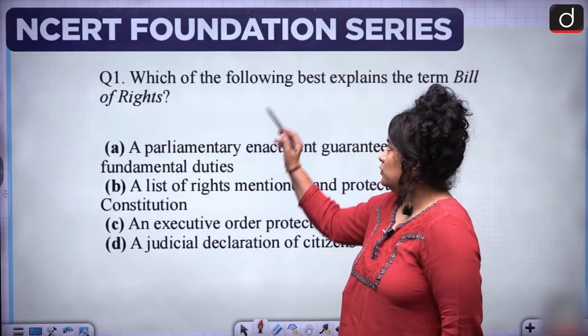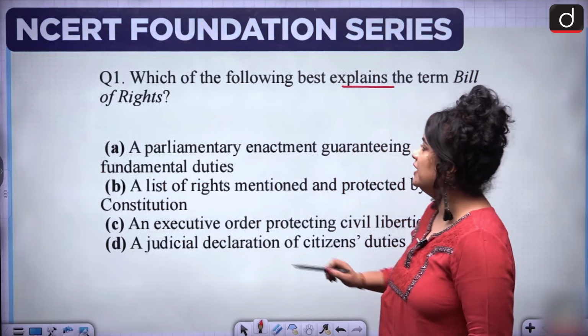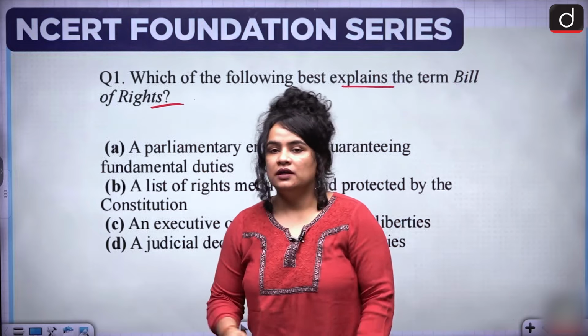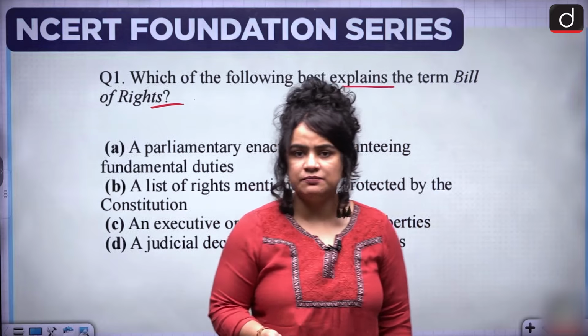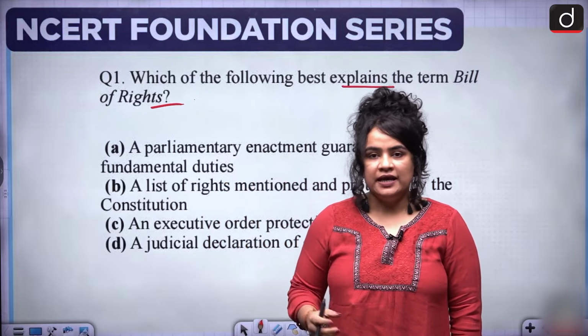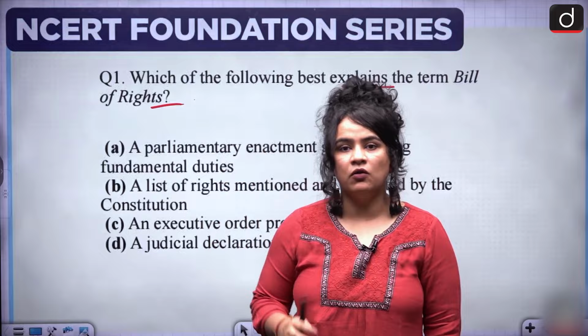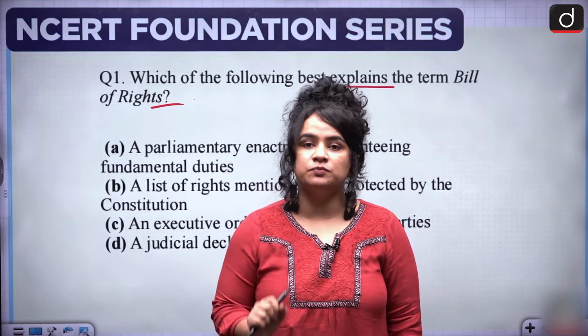Question 1 says, which of the following best explains the term Bill of Rights? So what exactly is meant by Bill of Rights? In very simple terms, if we talk about Bill of Rights, we usually mean that in a democracy, all the rights of the citizens must be acknowledged by the government.